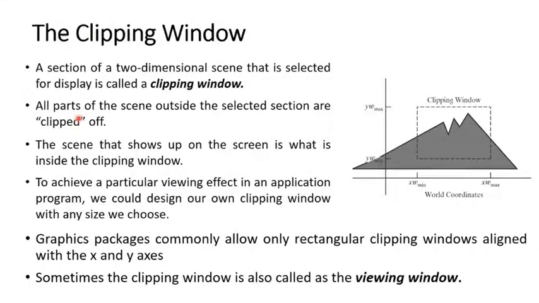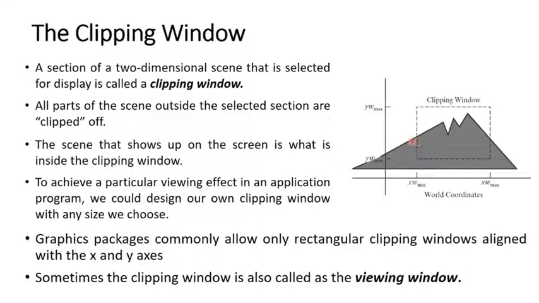All the parts outside the selected section, outside the clipping window, are clipped off, meaning the graphics library has to come up with a way to remove them from the display or the scene, because you have supplied the definition of the complete scene. But when it has to display that scene on your device, it has to show only the amount of scene that is there in the clipping window.